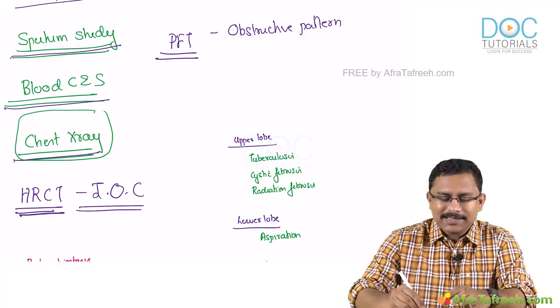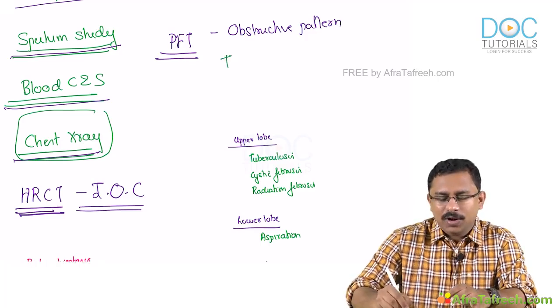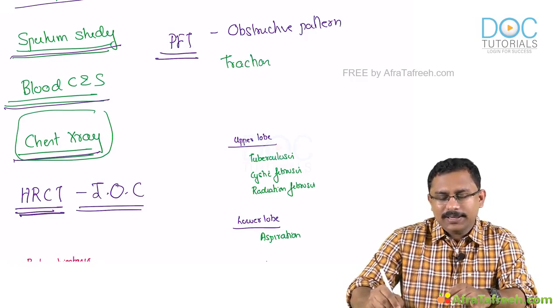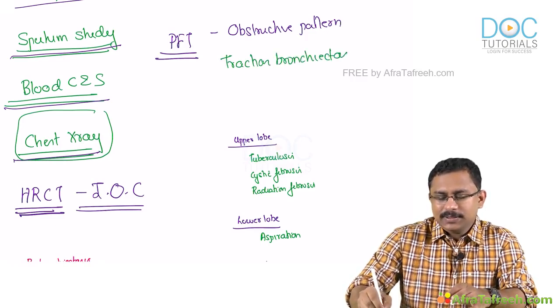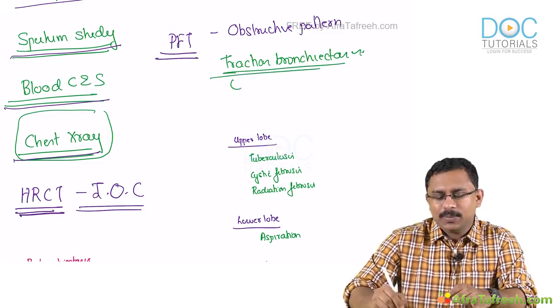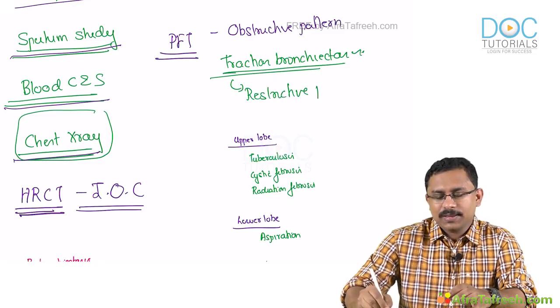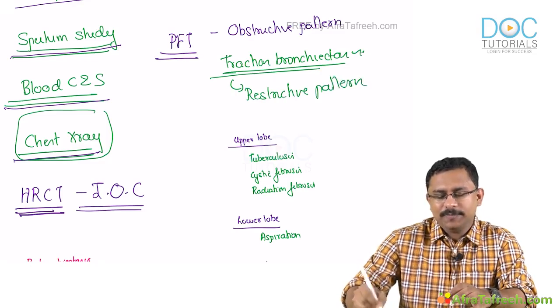In such a condition, you might get the so-called traction bronchiectasis. This traction bronchiectasis is the one which is going to show a restrictive pattern.